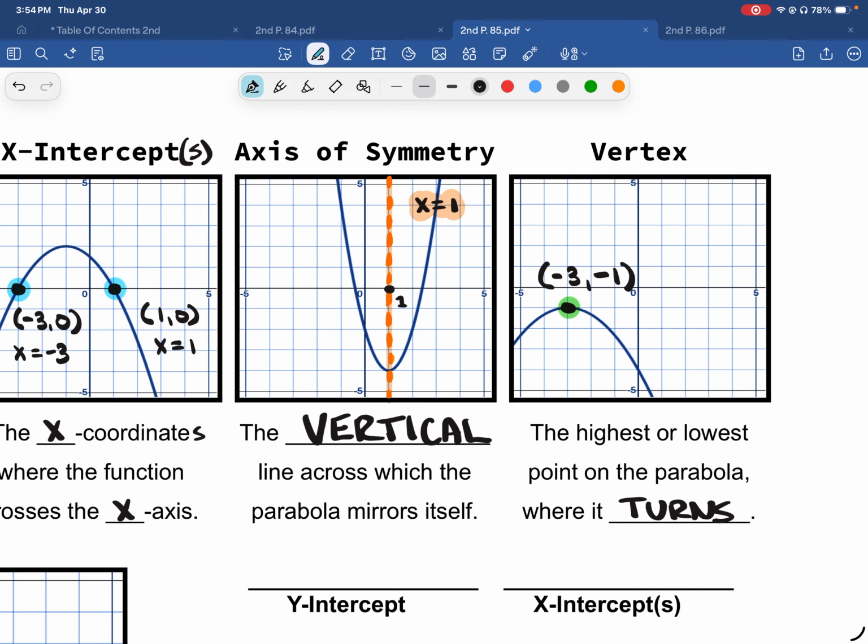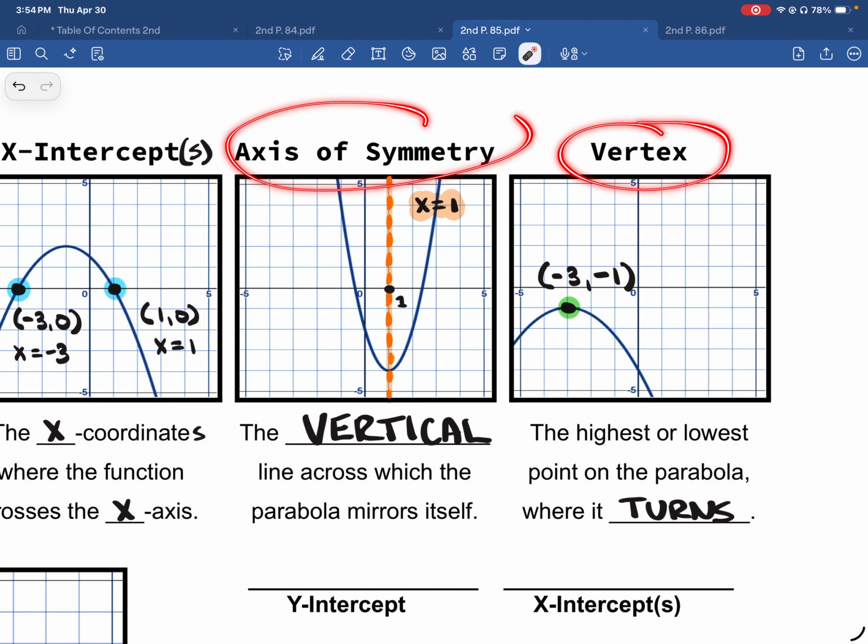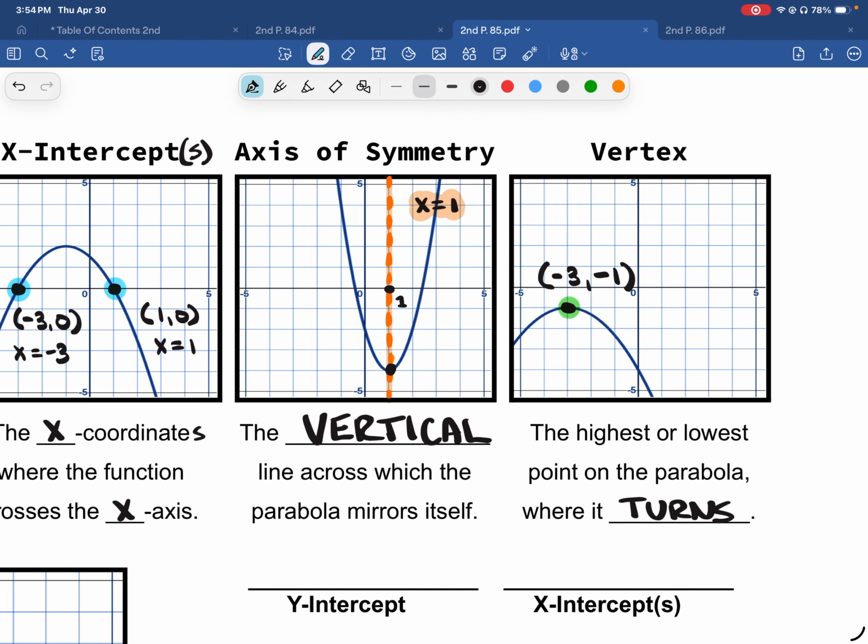One thing to note is that the vertex and the axis of symmetry are always related. The axis of symmetry will always go through the function's vertex. And if I look back at the third example, the vertex of that is 1, -4. The x-coordinate of your vertex is the axis of symmetry.